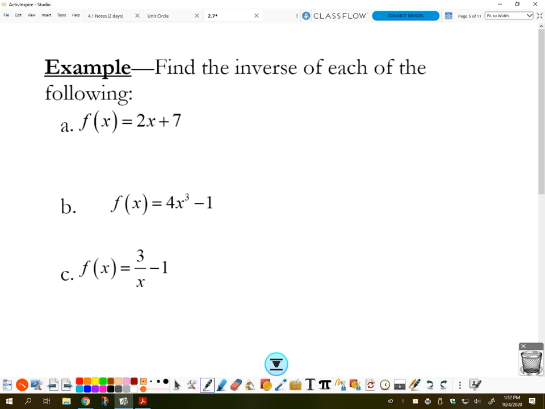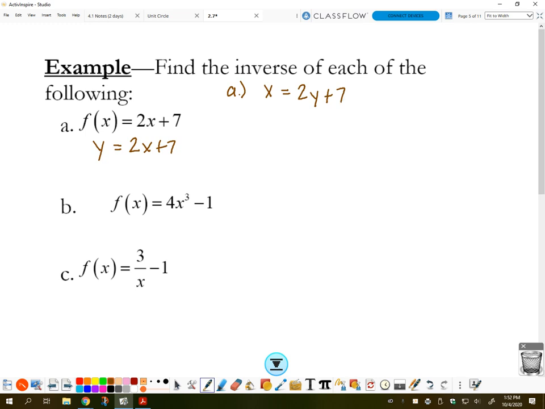All right, so if I want to find the inverse, let's see if I can put all of these on the screen so you can see them all. So we'll do A right here. I'm going to do some of it over here. So we got y equals 2x plus 7 if we just do that first step and replace the f of x with y. Then I'm going to switch x and y. So x is equal to 2y plus 7.